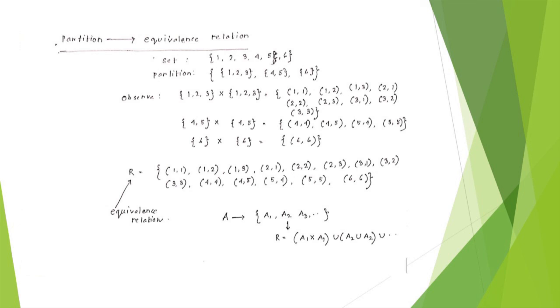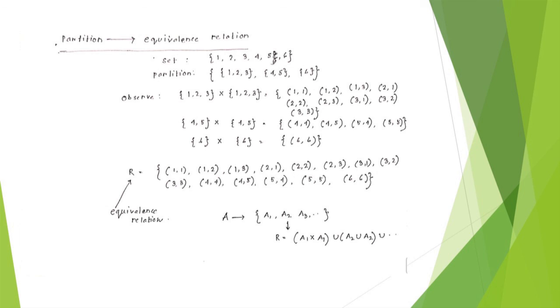So when you take the Cartesian product of {1, 2, 3} and {1, 2, 3}, we get the set containing the ordered pairs (1,1), (1,2), (1,3), (2,1), (2,2), (2,3), (3,1), (3,2) and (3,3).